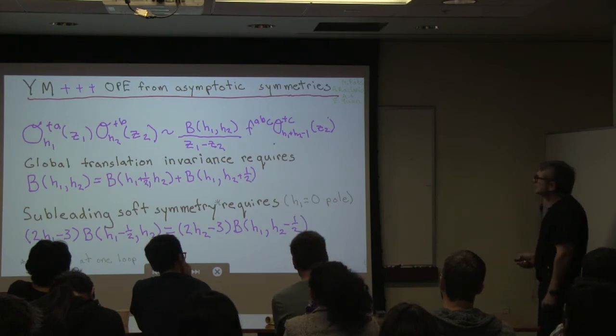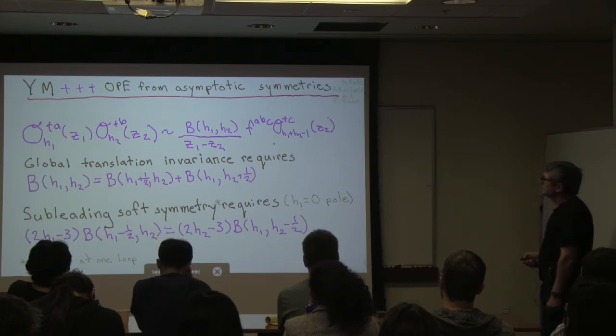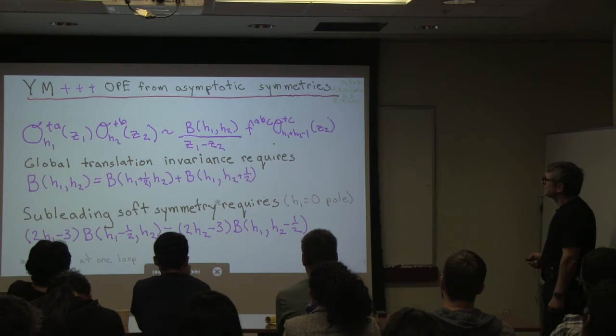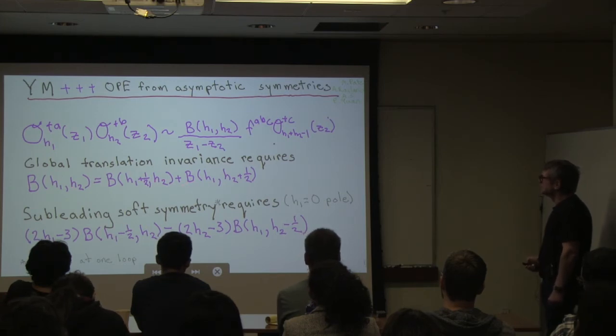But now if we translate both sides of this, you see we're going to get an h1 plus a half here, and so on, so we'll get 3 terms, which we'll have to add up to 0, and we find that whatever this coefficient is, it has to obey this recursion relation.